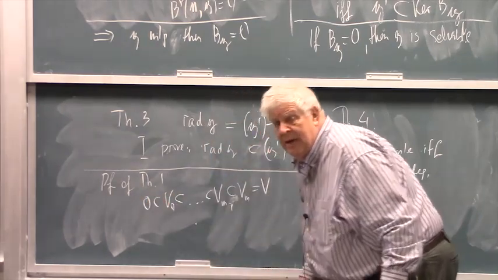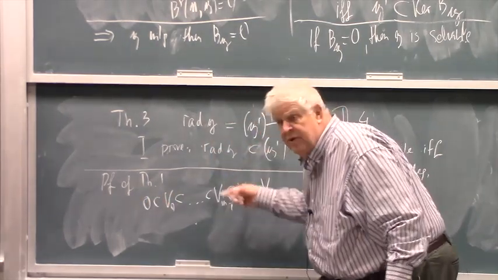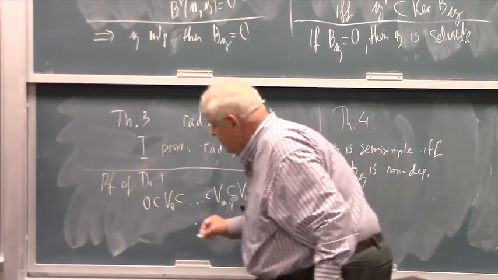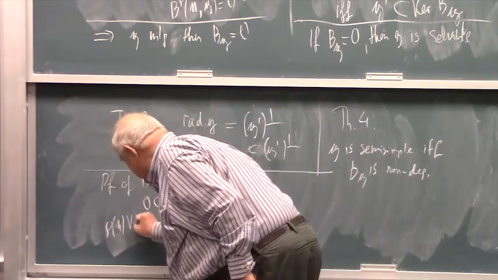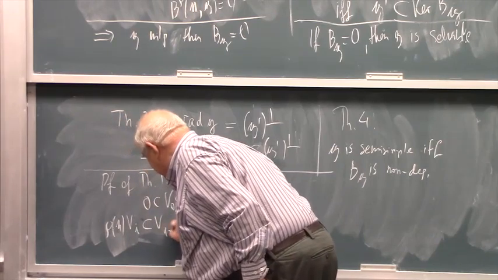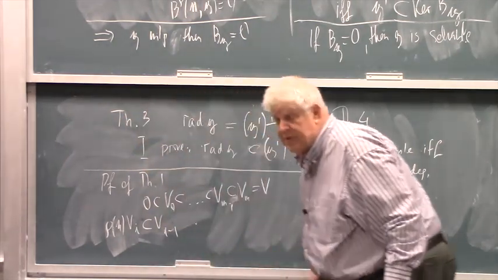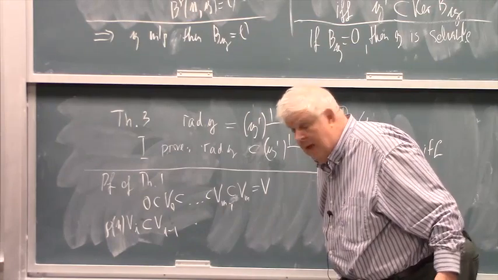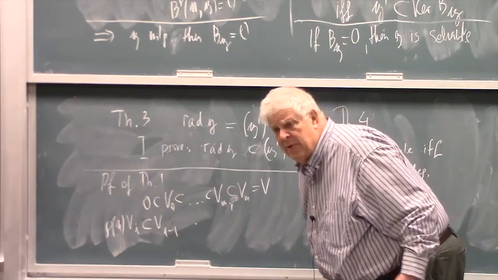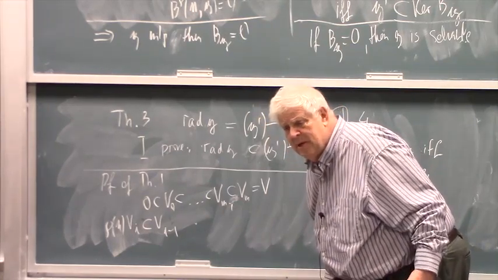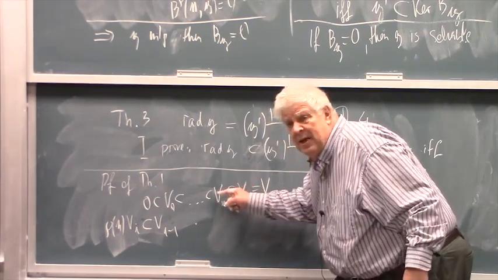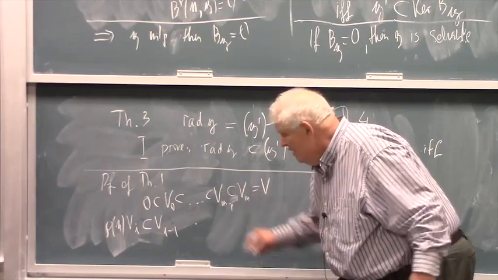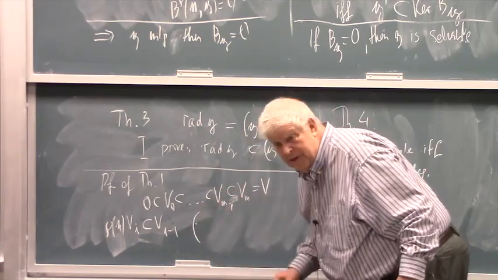And any element of n takes every Vi to the previous one. So rho n of Vi is contained in Vi minus 1. What of that? By the way, I could do it maybe next moment, but I prefer to say it now. Certainly, we can at every step take Vi the smallest possible.